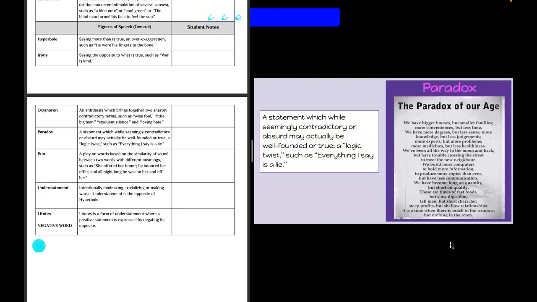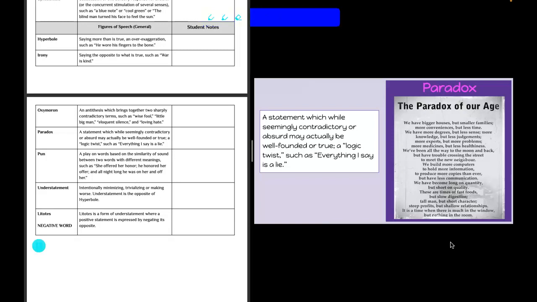A paradox is a statement which, while seemingly contradictory or absurd, may actually be well-founded or true. A logic twist, such as everything I say is a lie. And the paradox example comes from a poem called The Paradox of Our Age. We have bigger houses, but smaller families, more conveniences, but less time.